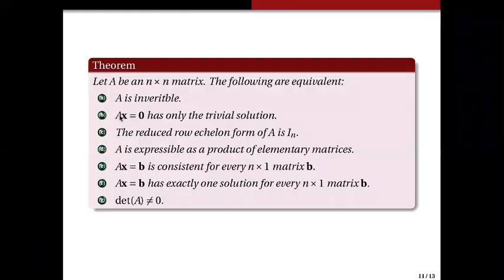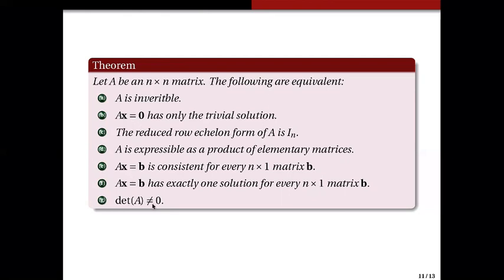Ax equals 0 has only the trivial solution if and only if the determinant of A is not equal to 0. So this theorem is the one we were using. If the determinant is equal to 0, then Ax equals 0 has many solutions.